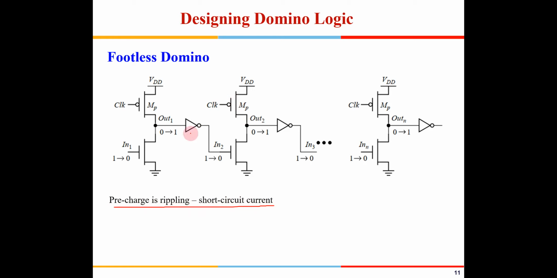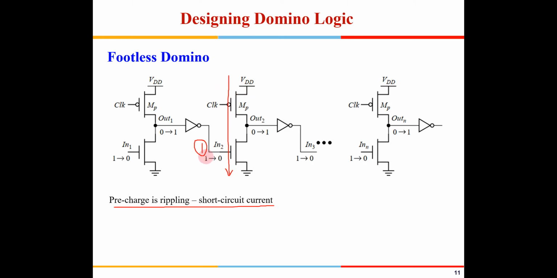Now suppose initially this is 1 out here during the evaluation phase, and this is 1 out here, right? So the moment the clock goes low, this will be switched on, and then there will be a short circuit current like here.